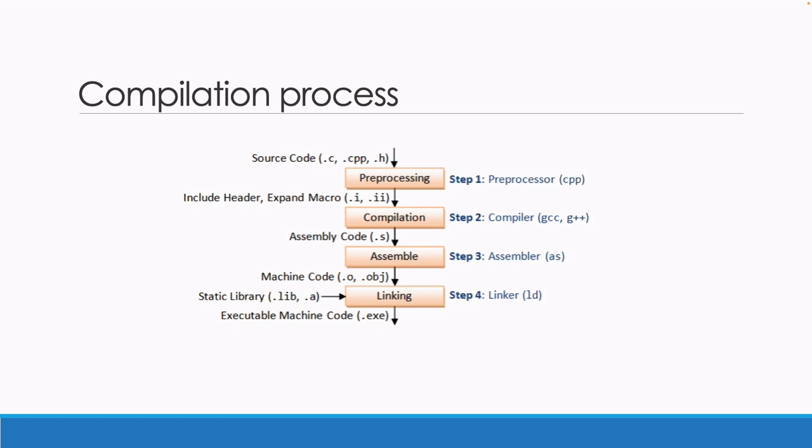So the compiler translates the C code into assembly code, and once we get the assembly code, the assembler translates that into machine code, and then finally the linking happens. The linking is basically any library that we're using, any external library, and also all the object files that were generated, they have to be linked together to produce the binary file, the executable file. In our case, it was the .out file, that is the binary file.